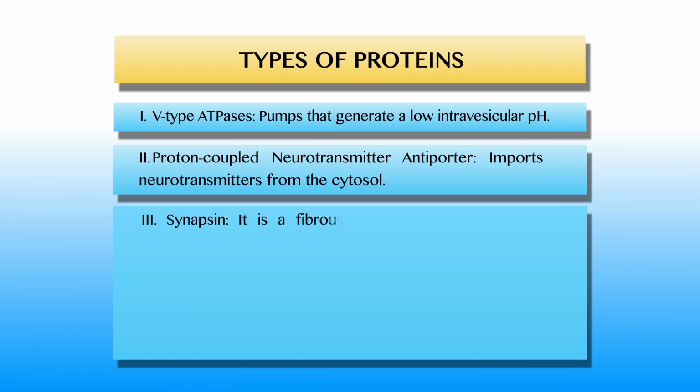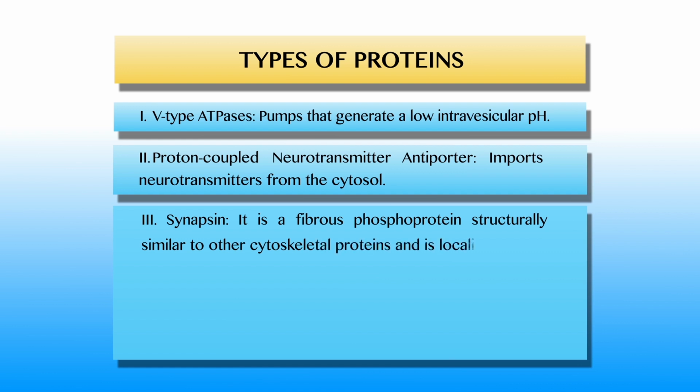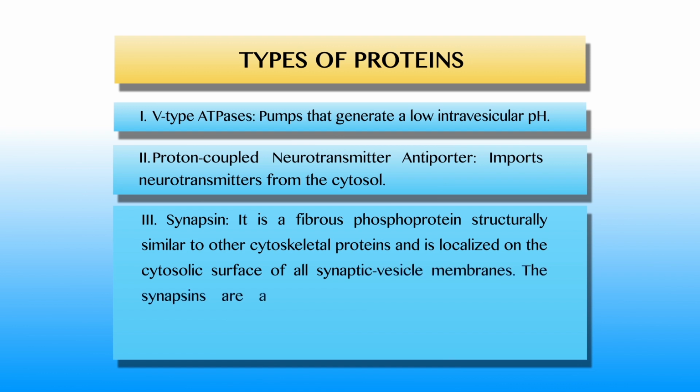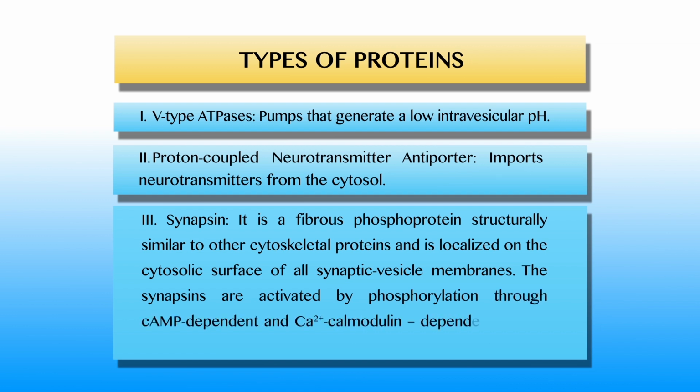It is a fibrous phosphoprotein structurally similar to other cytoskeletal proteins and is localized on the cytosolic surface of all synaptic vesicle membranes. The synapsins are activated by phosphorylation through cAMP-dependent and calcium ion-calmodulin-dependent protein kinases triggered by the rise in cytosolic calcium ion concentration.